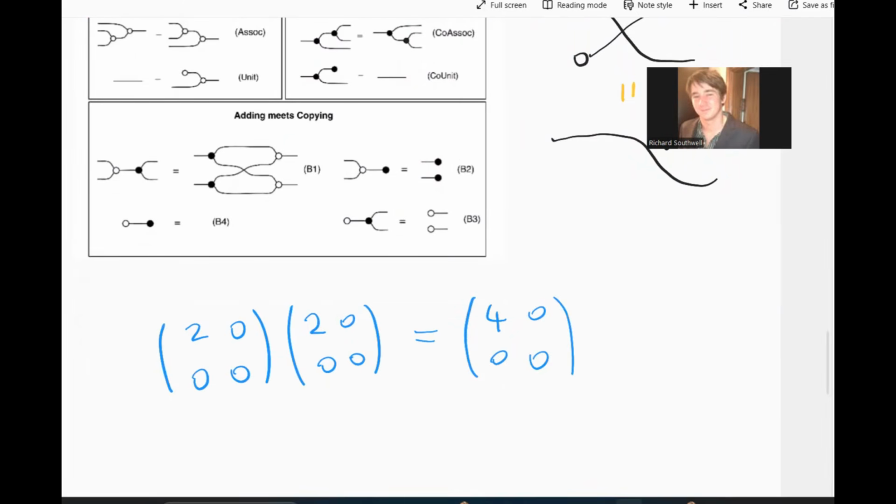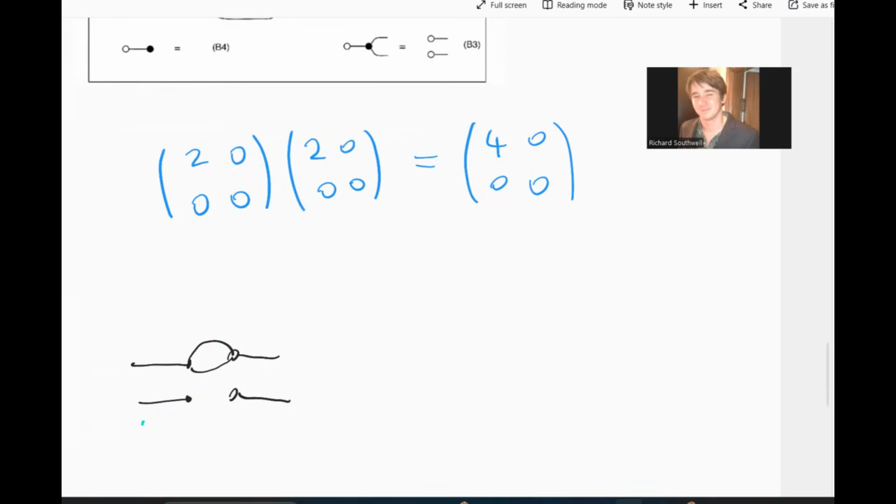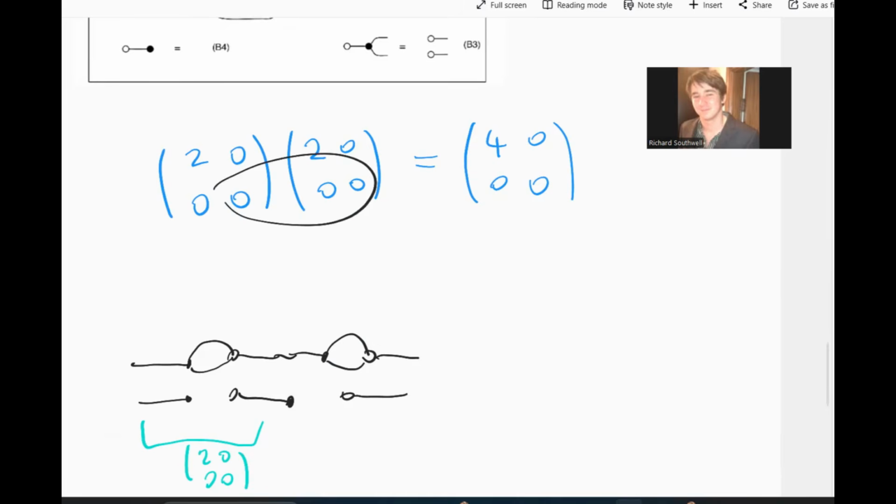But now take a look at how the situation looks if we use graphical linear algebra. So we've already observed that this diagram here corresponds to this matrix 200. So if we connect that up with another copy of that diagram, well, then this is going to correspond with this matrix multiplied by itself.